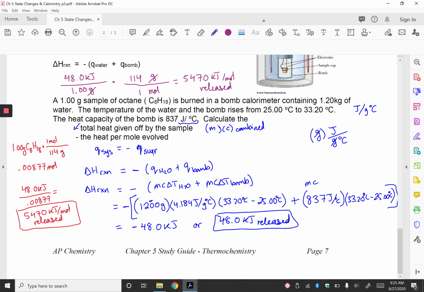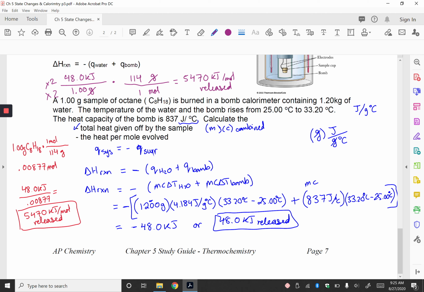Because let's say one group uses the 1 gram and gets this, the other group uses 2 grams, they're going to get double this. So then when they take the heat, the doubled kilojoules and the doubled mass, they're going to end up with double the moles, and therefore you're doubling this number, you're doubling this number, and so it ends up being the same ratio and the same kilojoules per mole.